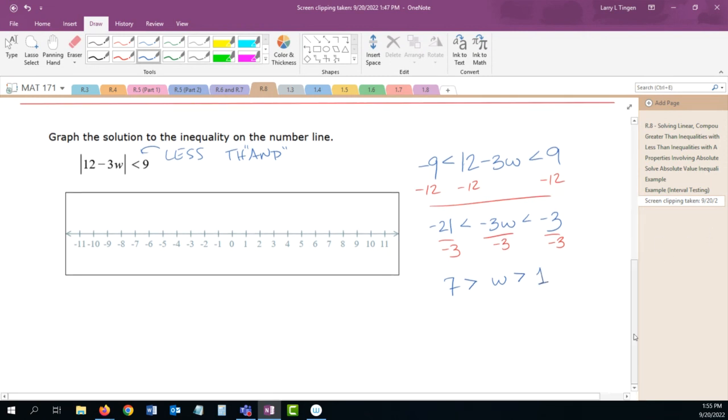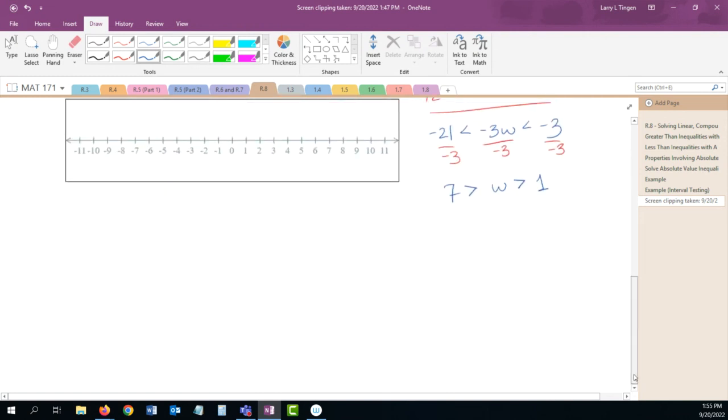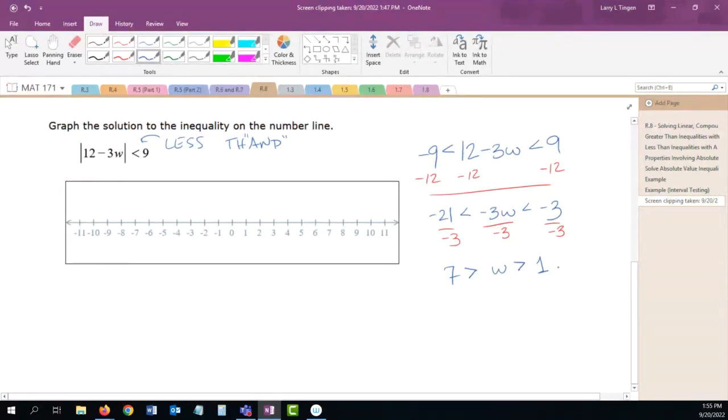So my less thans become greater thans, which means the problem looks weird, right? So let's read it. This means W is less than 7 and greater than 1.